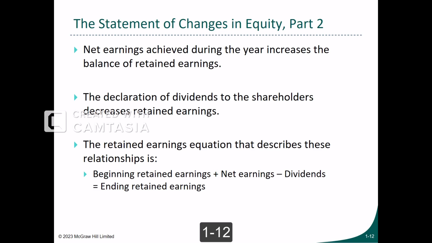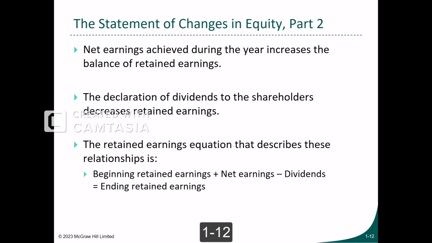For example, we start with 1 million of retained earning on January 1st, plus $200,000 net profit for the year, minus $50,000 dividend declared during the year, and then the balance would be how much? Opening balance 1 million, net income for the year $200,000, dividend declared $50,000.